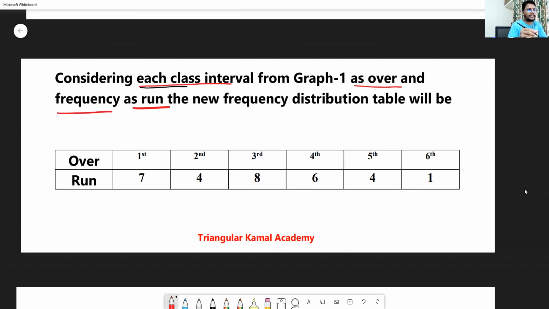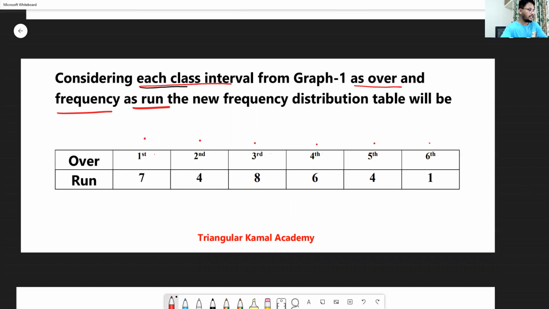That means in the y-axis there will be run, and in the x-axis each class interval is considered as an over. There are a total of 6 consecutive class intervals, so there will be 6 overs, first over, second over, third over, fourth over, fifth over, sixth over, and the frequency will be converted to the run. So the first frequencies 7, 4, 8 up to this.